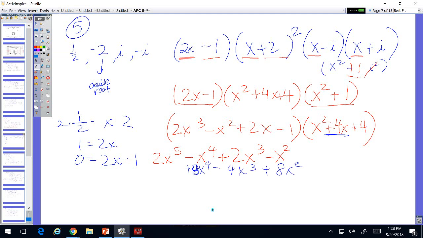Negative 4x. Oh, and negative 4x. And now we can go back and do the 4. So the 4 would give us 8x cubed minus 4x squared plus 8x minus 4.